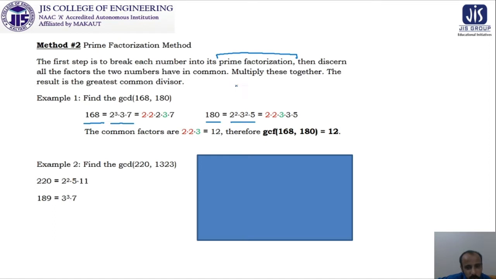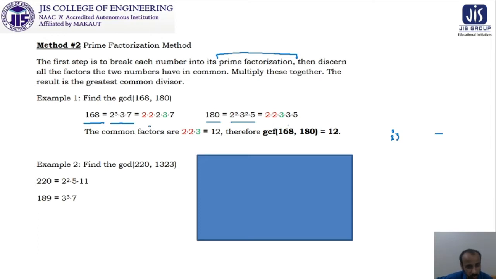Here we get 3 2's and here we get 2 2's. So obviously we have to take 2 number of 2's. So 2 cube, then 3 and then 7, and here it is 2 square, 3 square and 5.